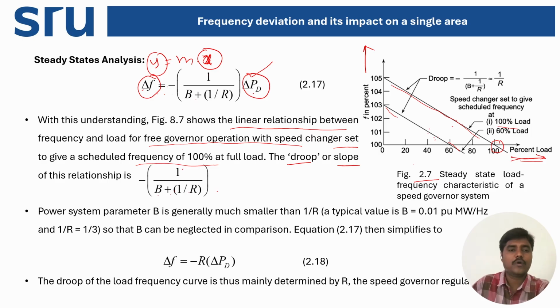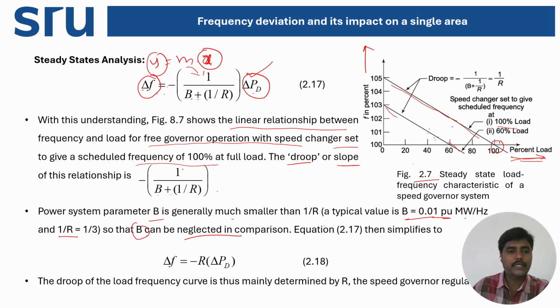So minus 1 by B plus 1 by R is nothing but our slope. The power system parameter B is generally much smaller than 1 by R. Typically the B value is 0.01 per unit megawatt per Hz, and 1 by R is approximately 1 by 3, so you can neglect B.